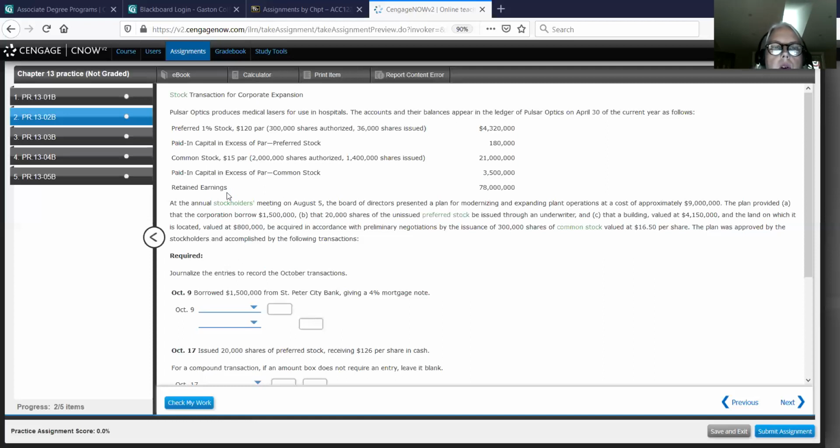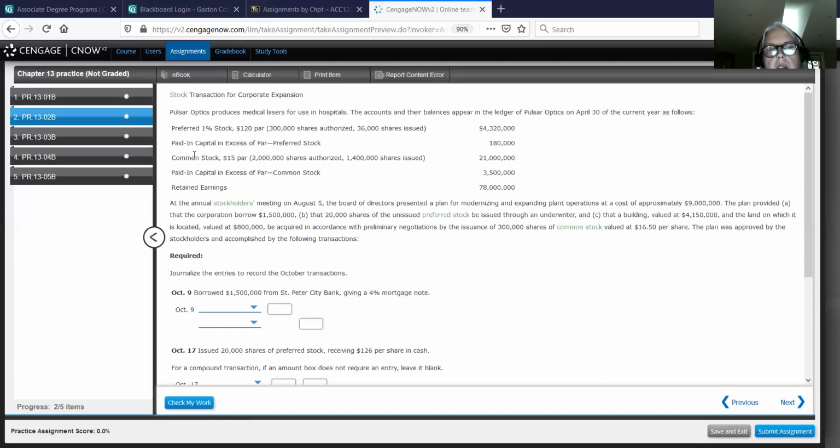So these are different accounts that are associated with the stockholder's equity that will be on the balance sheet. So in a corporation, the owner's equity becomes stockholder's equity, and these are the accounts that are associated with it.